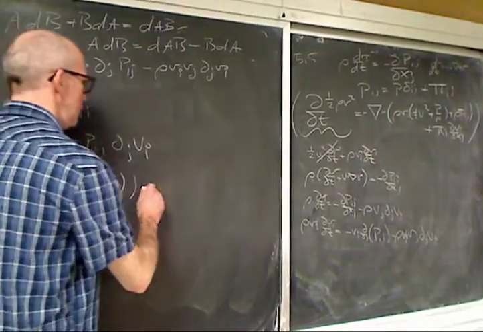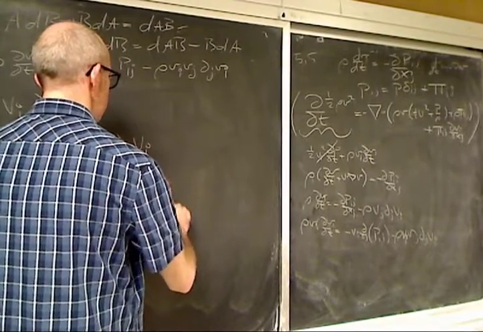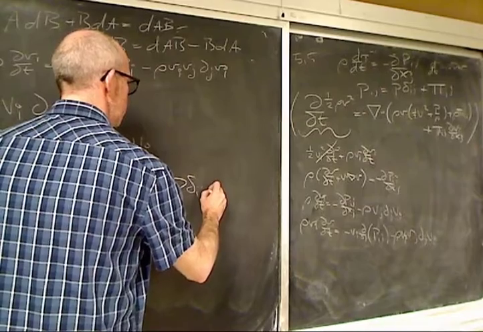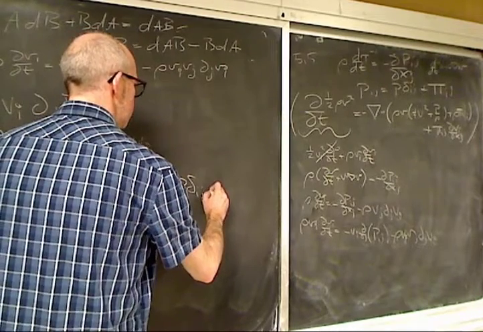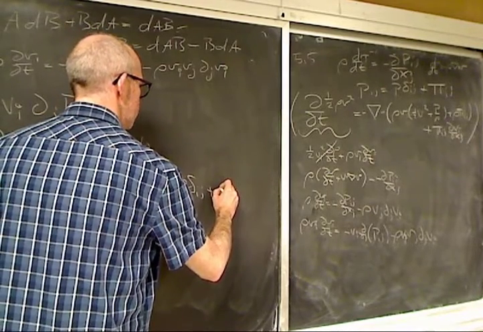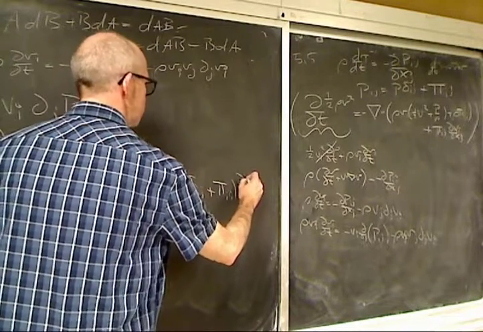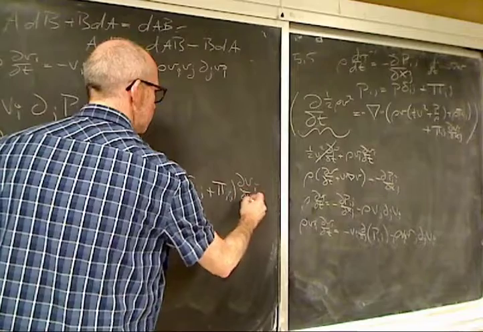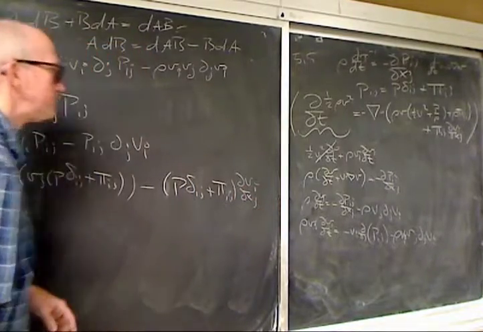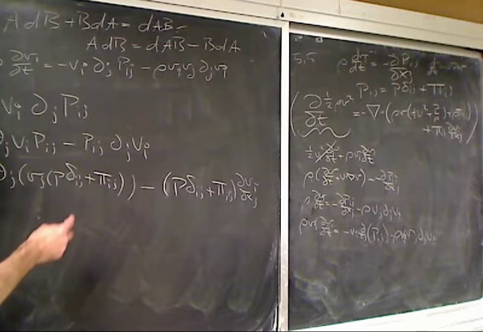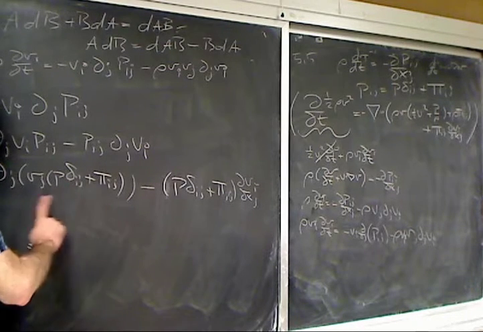And then I'm left with p δij plus πij times ∂vi/∂xj. So now these all are things that I'm looking for.